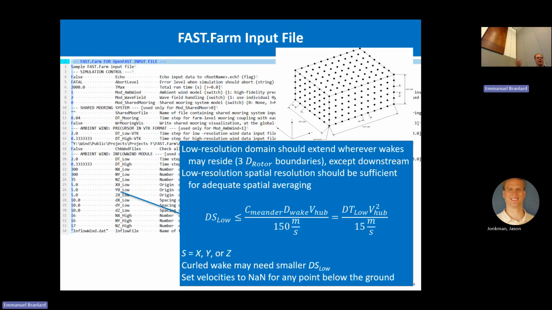And FAST.Farm ignores that point in the solve. So it traps the NAN and treats it as a boundary in the flow. We use that option again for an LES precursor with a hill, to do wind farms with complex terrain.